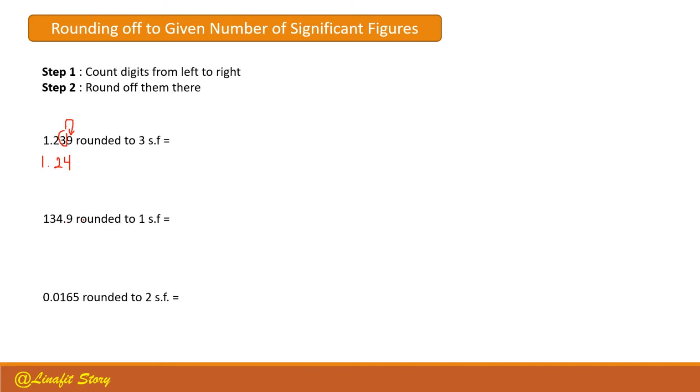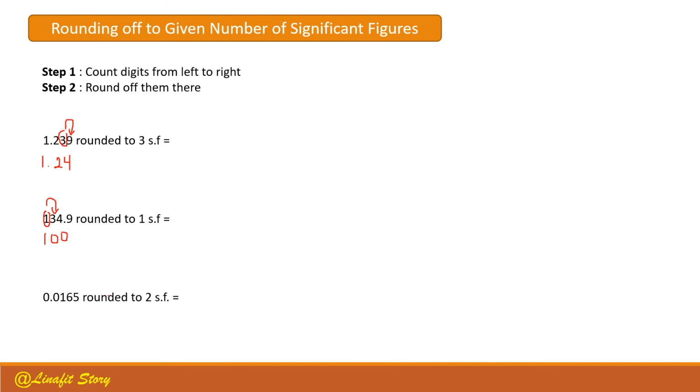134.9 rounded to 1 significant figure. As the next digit is 3, which is less than 5, so round down. So the answer is 100. 0.0165 rounded to 2 significant figures.